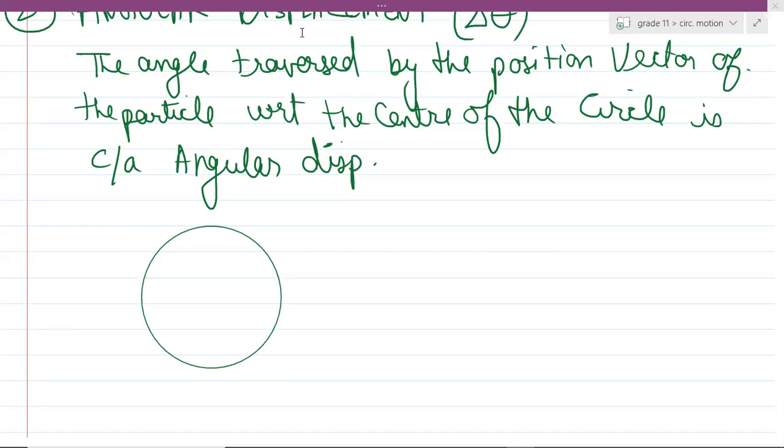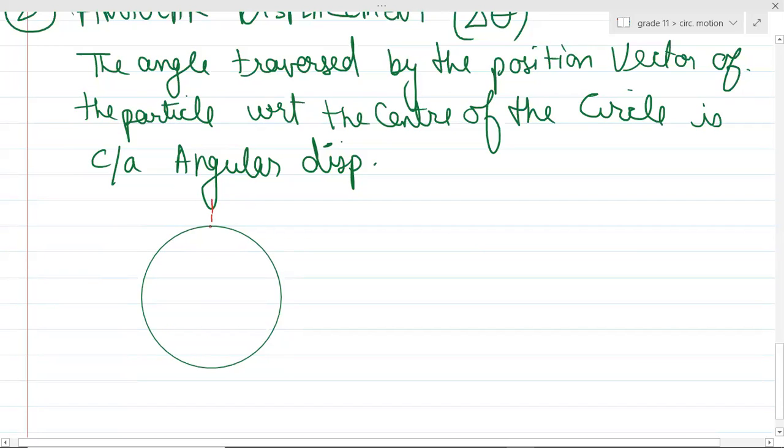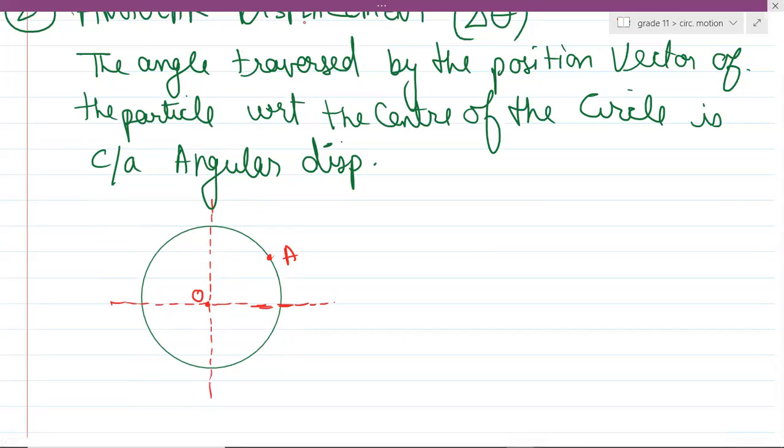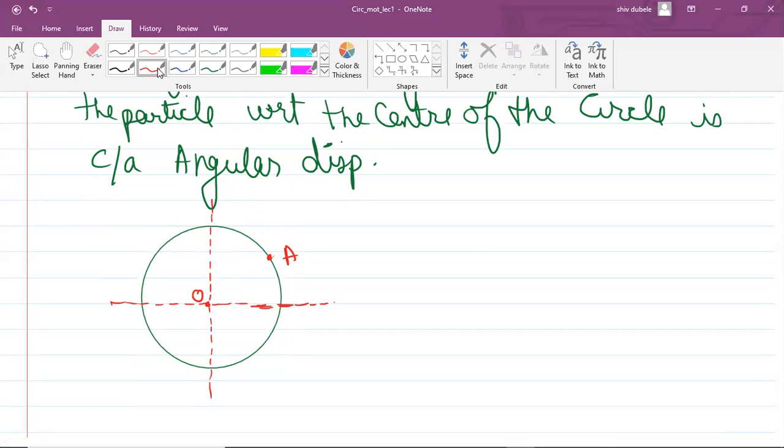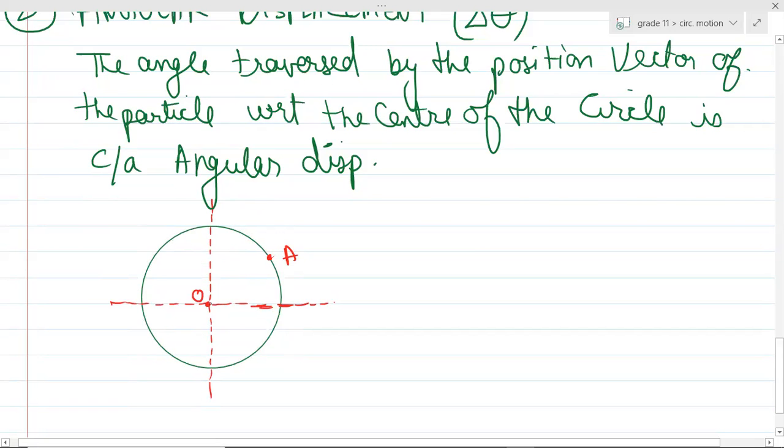So suppose guys, let us suppose this is the center of that circle, and let's say initially the object is over here at point A. Can you see this is the position vector from the center to this particular point on the circle?